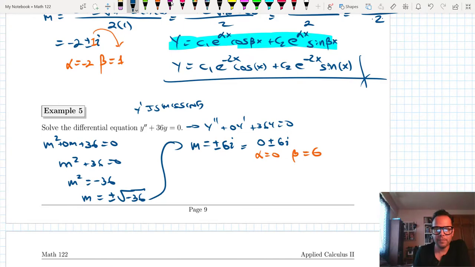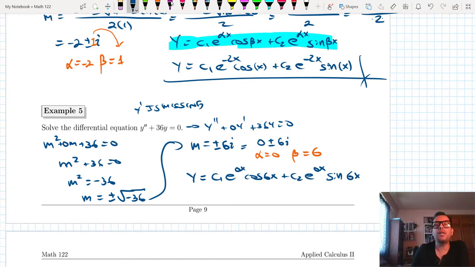So this will be y equals c1 e to the 0x cosine of 6x plus c2 e to the 0x sine of 6x.